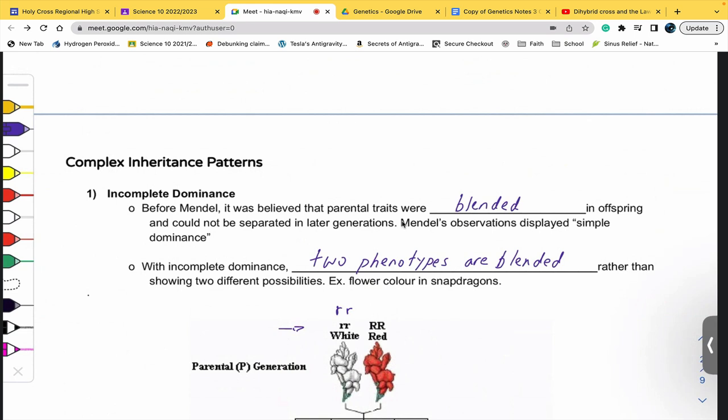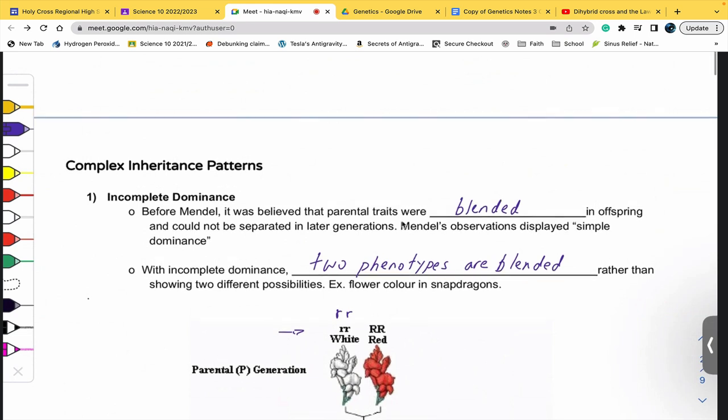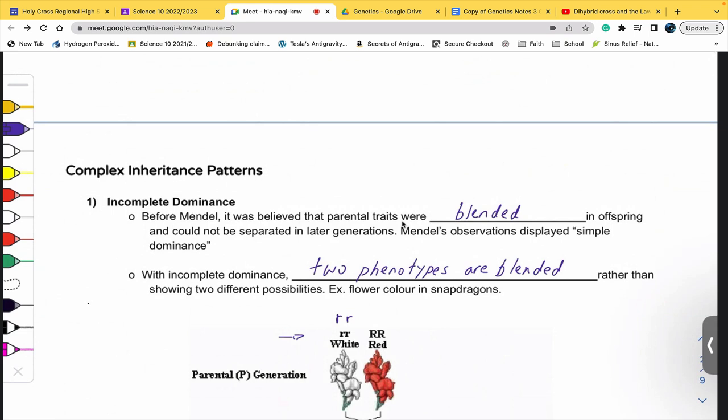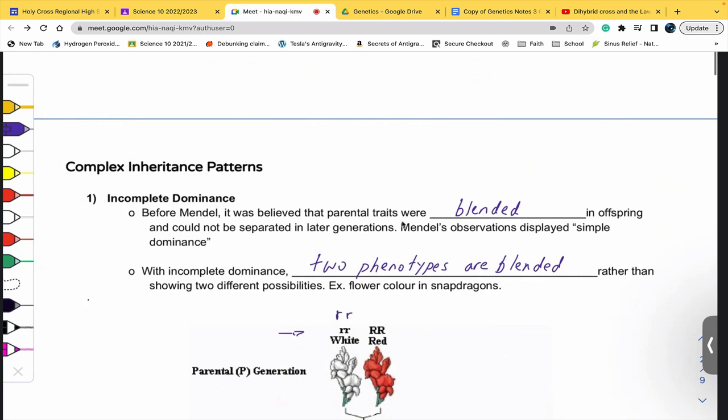You can also have red if it's a big R, little r. So you think. Actually, we'll see in a second here, they blend. You have a big R, little r combination of alleles. It won't, in this particular case, end up looking red. It'll end up looking pink. And that's what we label incomplete dominance.